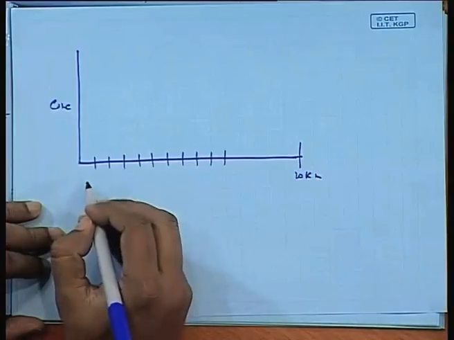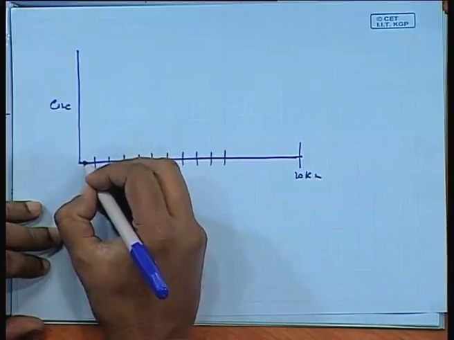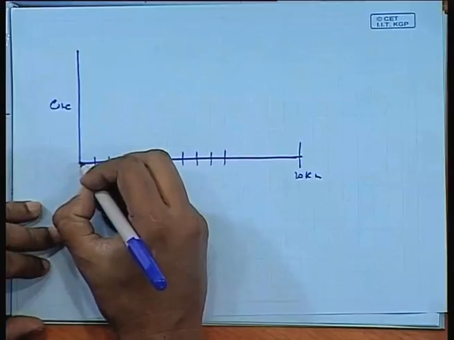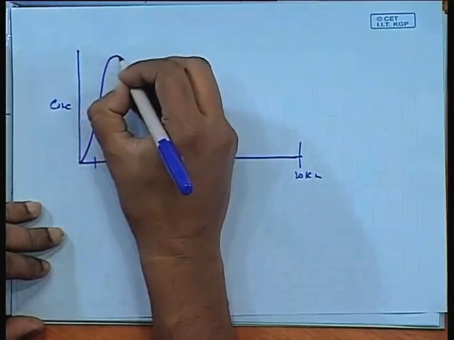If you observe these values using the Gaussian plume distribution model, mostly the plots look like this.